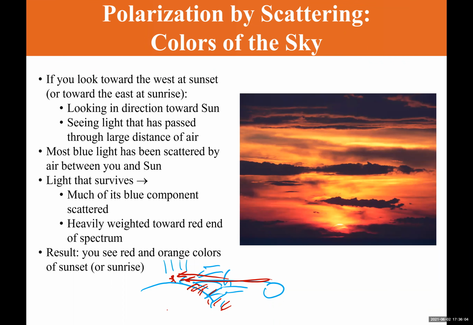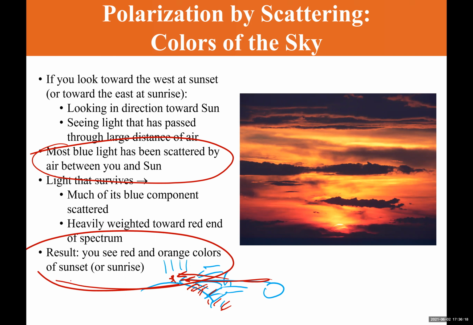Most blue light has been scattered by the air between you and the sun, and the light that survives is heavily weighted toward the red end of the spectrum. Result: you see the red and orange colors of sunset or sunrise. But when the sun is more overhead, you see more blue scattered light than red.